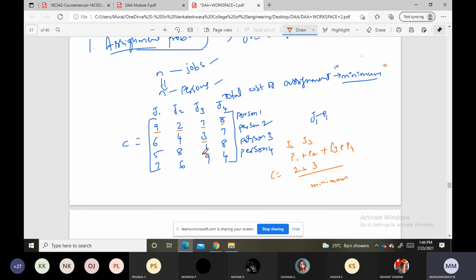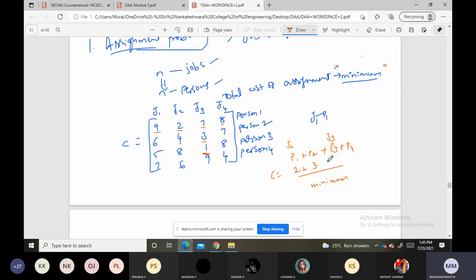Why? Because job 3 has been already assigned. But here we are having the minimum, right? So what we can do? We can assign this job 3 for person 3.